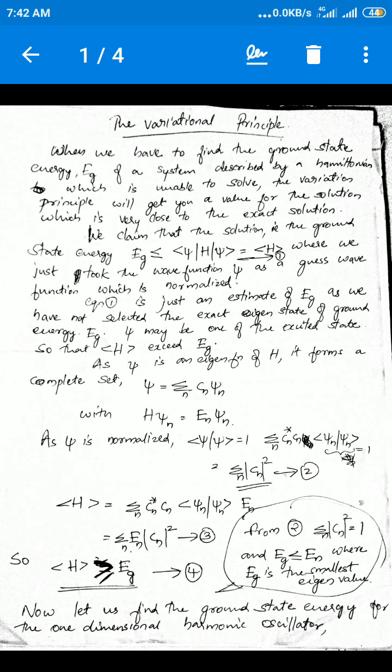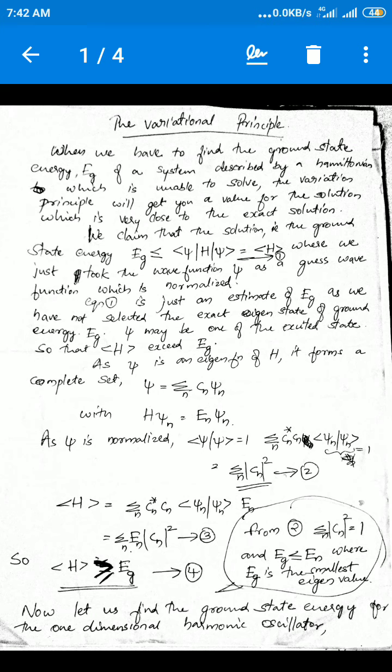So this is the theory of the variational principle you have to use in different systems. So remember, what you want to do is just find the expectation value of H in a guessed state psi. We take a guessed trial wave function psi, and we take the expectation value of the Hamiltonian to find the energy eigenvalue.